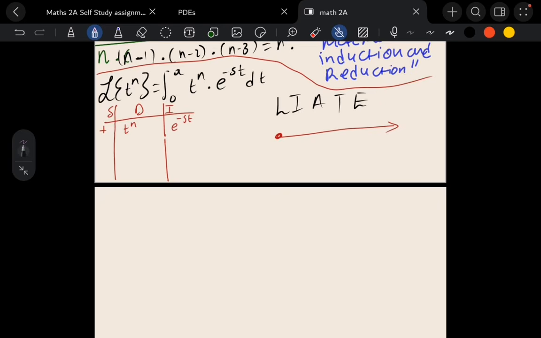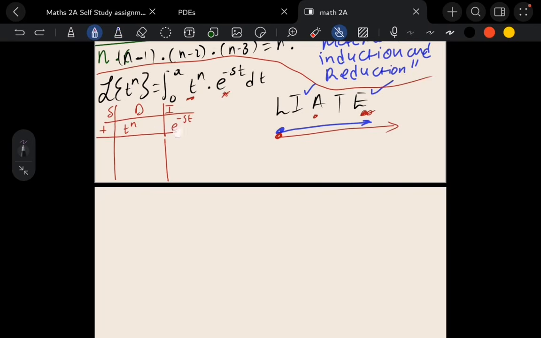You go to your problem. In your problem, you have two functions. You have an exponential function, which is e, and you have an algebraic function, which is t to the power n. Now, from left to right, which letter comes first? A or E? It is A. Since A comes first, I'm going to substitute it on D. The letter that comes the last, I'm going to substitute it on I.